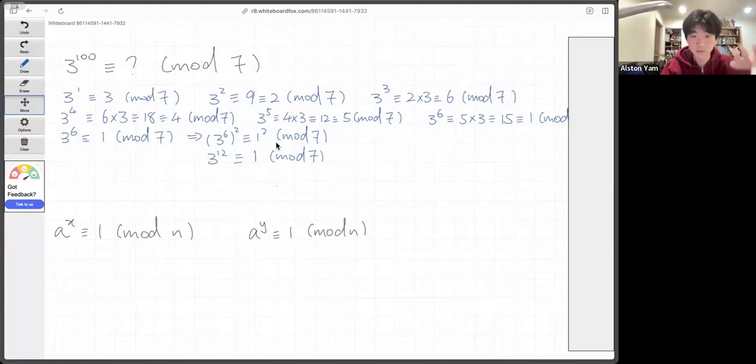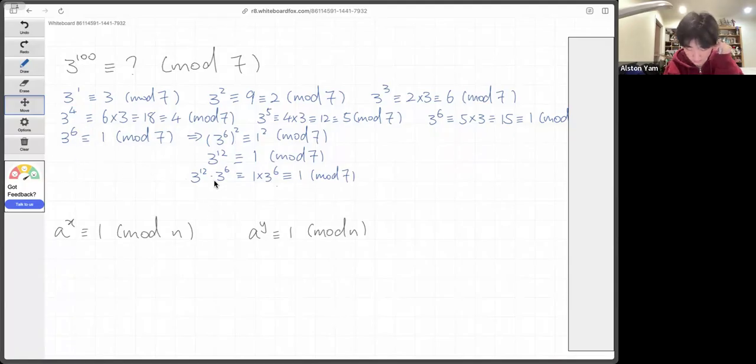Let's keep doing that. I will multiply both sides by 3 to the 6, so it'll be easier to see the pattern. We have 3 to the power of 12 times 3 to the power of 6 is congruent to 1 times 3 to the power of 6, by our multiplication property, and that is congruent to 1 mod 7, because we already knew 3 to the 6 is 1 mod 7.